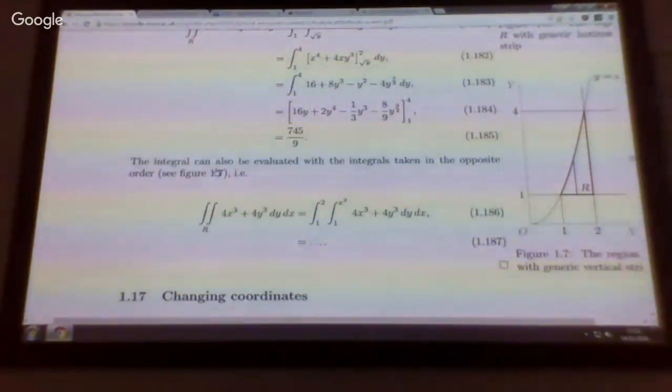Now, this integral can also be taken in the opposite order. This is example 1.20.